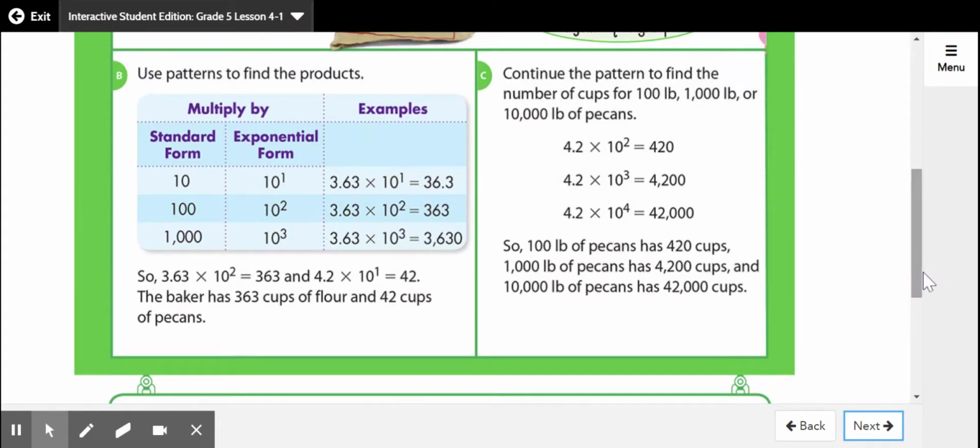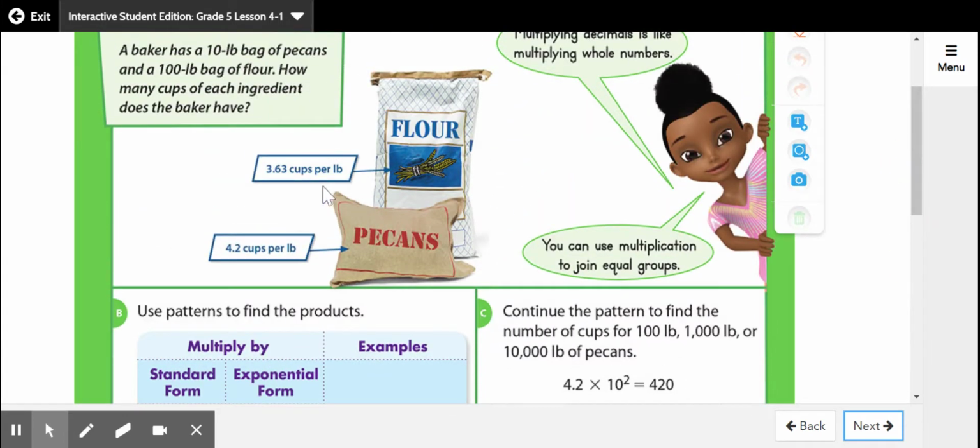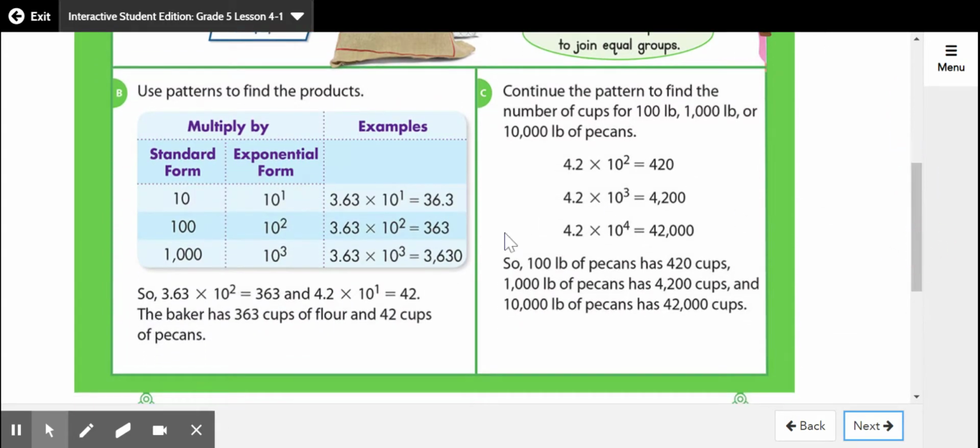Right now, we're just going to kind of look at this chart. We just kind of talked about this. 10 in exponential form is 10 to the first power. They show us that 3.63. Now, wait a minute. I need to go back up here. I forgot already. Okay, they're talking about flour. 3.63 cups is a pound of flour.